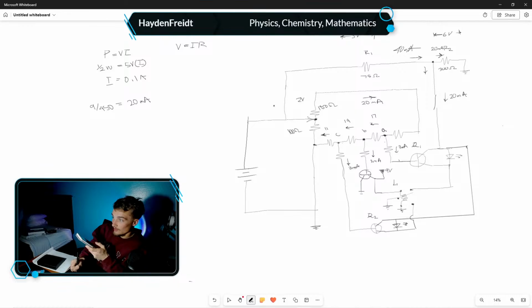Now if I decrease the potentiometer to 60 ohms, I'm going to have a total resistance of 390 ohms. So now 9 divided by 390 is 23 milliamps.